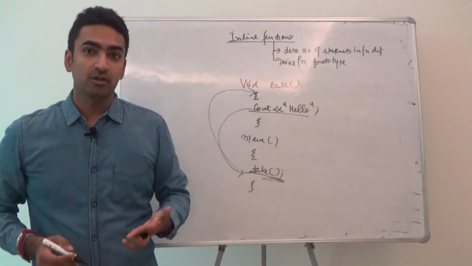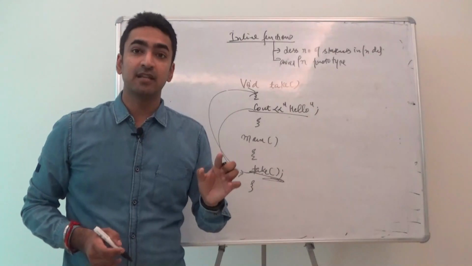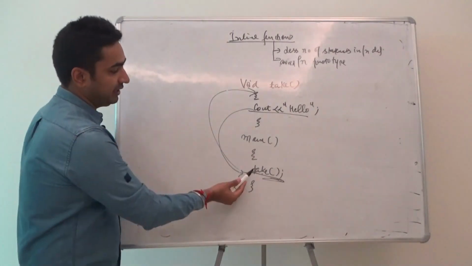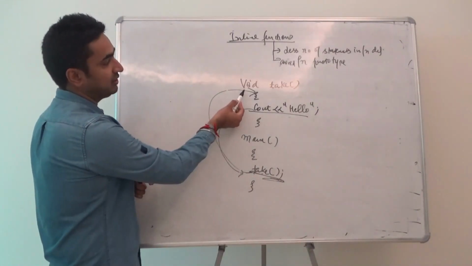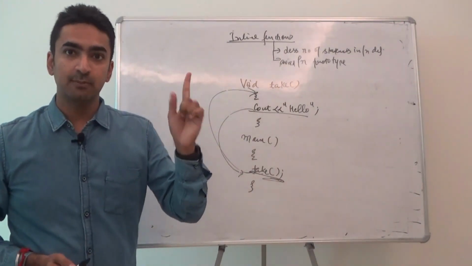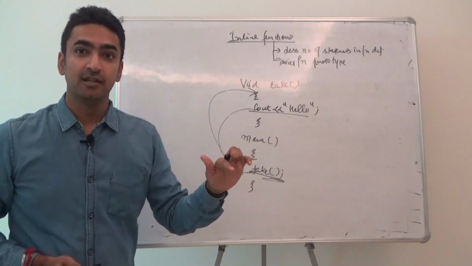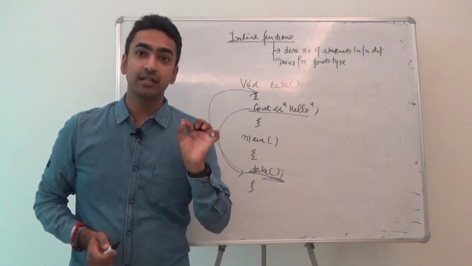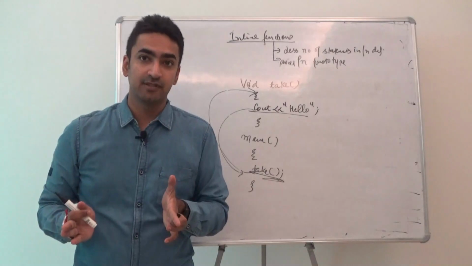It is a time-taking process. Even when calling 50 times, I have to use two steps: using take, go to the function definition, and then come back to the function call. Going to the function definition is one step, coming back to the function call is two steps. So two steps of calling take 50 times will take 100 steps.